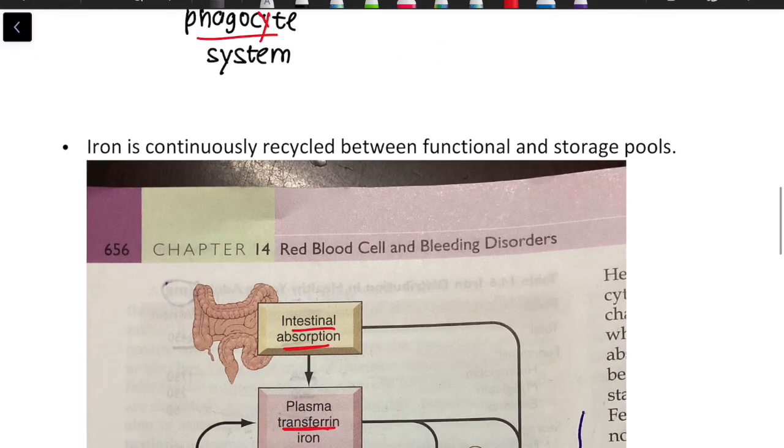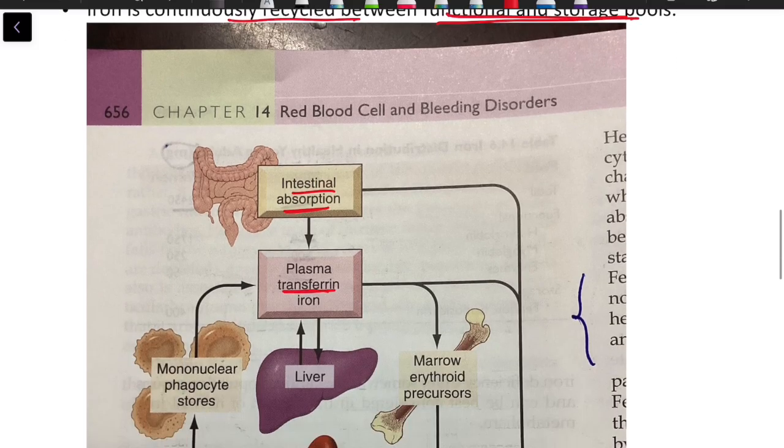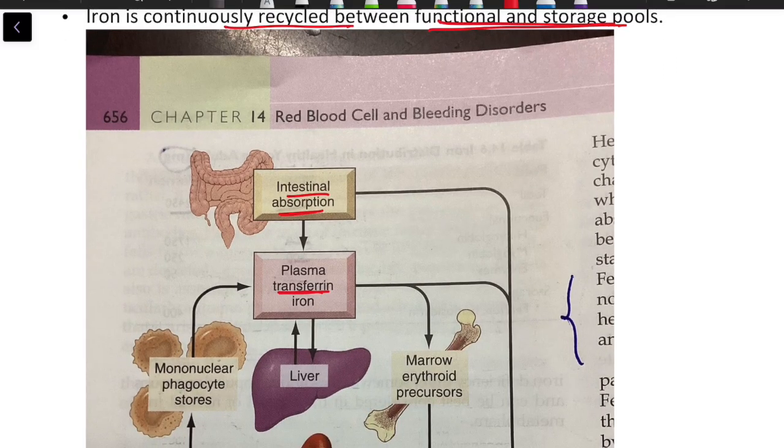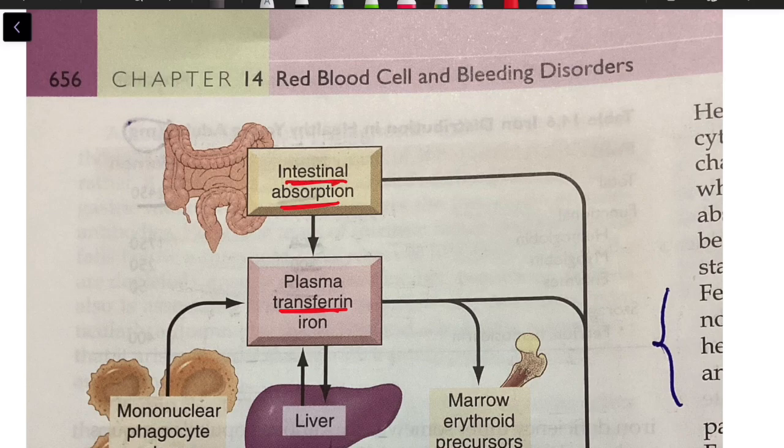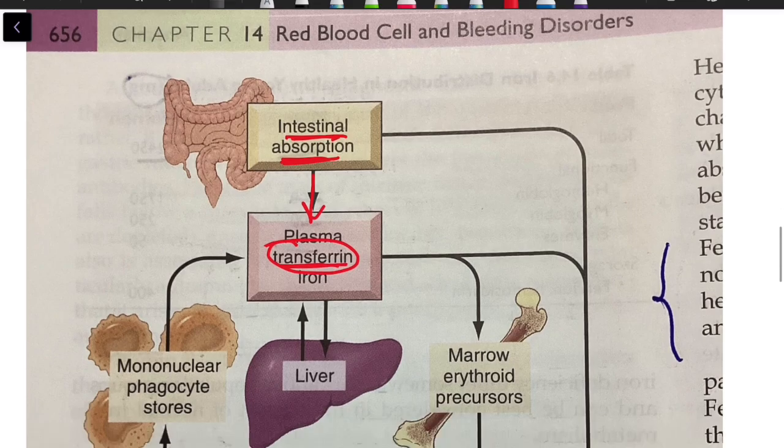Now the iron is continuously recycled between the functional and storage pools. This line is very important. Now how does it occur? Basically, iron is absorbed from the intestine, and then this iron binds to a protein in the plasma called transferrin. This transferrin transports iron to different parts of our body.